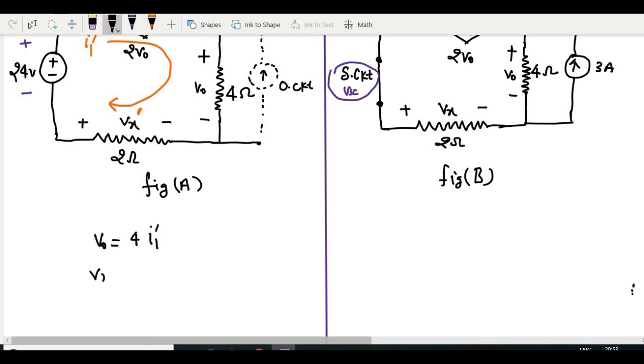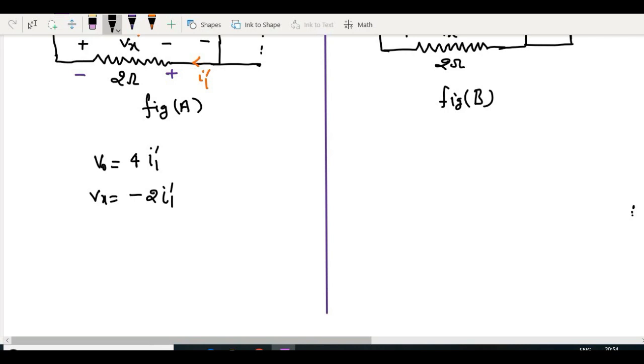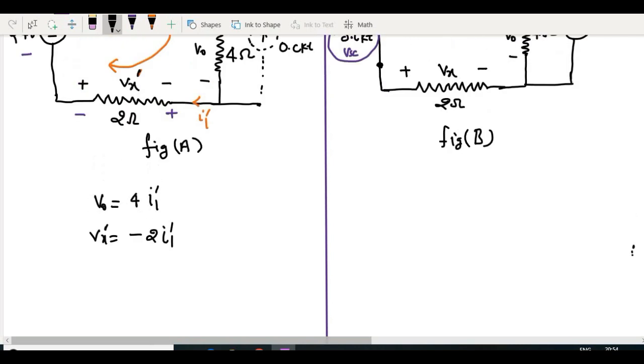The potential drop across the 2 ohm resistor due to the current I1 dash is opposite to Vx dash, so Vx dash will be equal to minus 2 times I1 dash.